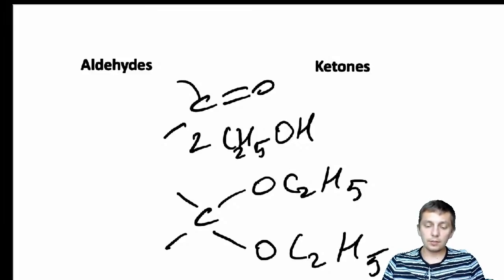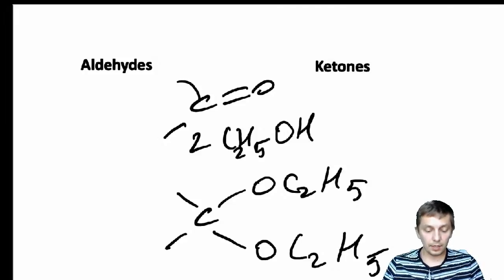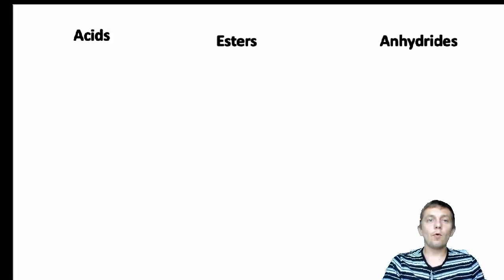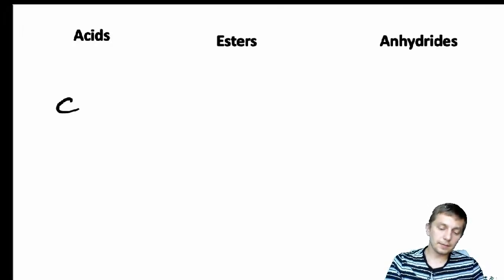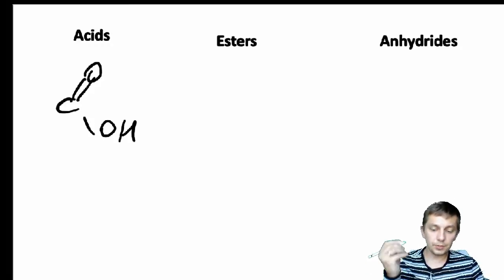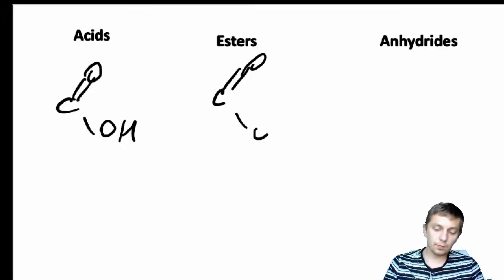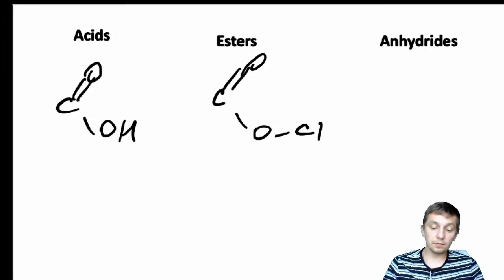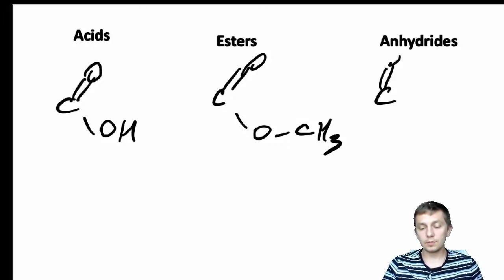In non-redox reactions, aldehydes and ketones are very rarely involved. What is very often involved in reactions are acids, esters, and anhydrides. If we have a COOH group, it's an acid. If an acid reacts with the OH group of alcohols, it produces an ester. Anhydrides are products when you take two carboxyl groups and remove water.